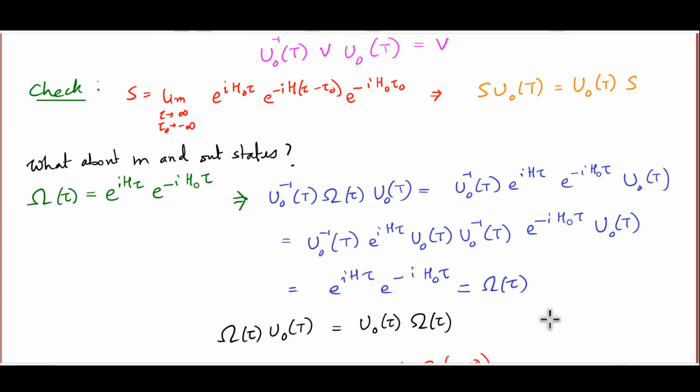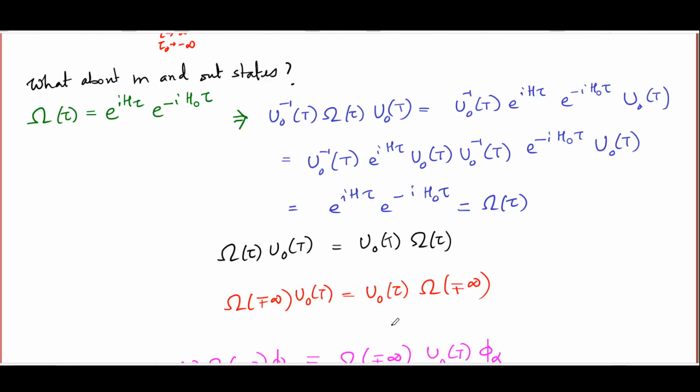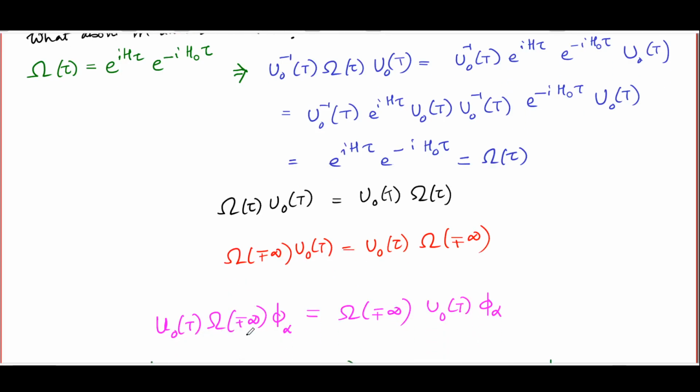So omega tau U0 capital T has to be U0 capital T omega tau. And therefore, U0 capital T commutes with omega for all tau values, and in particular it commutes with omega minus plus infinity. So notice that if you start with omega minus plus infinity acting on phi alpha and apply U0T on that, the result is the same as applying U0T first on phi alpha, the free particle state, and then applying omega minus plus infinity.